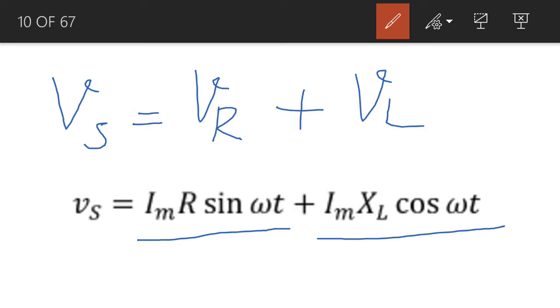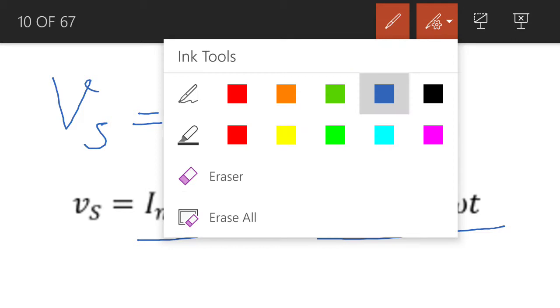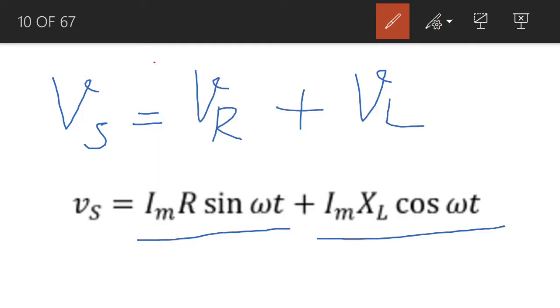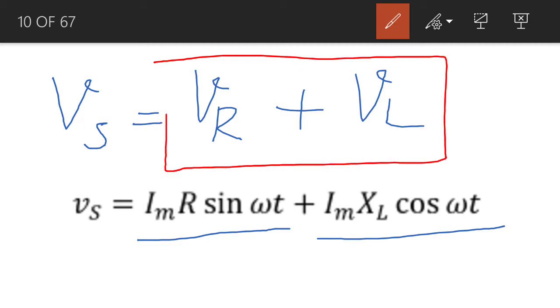So we put the values of VR and VL in this equation, and we get this particular equation. So the voltage across the source is equal to Im R sine omega t plus Im XL cos omega t.